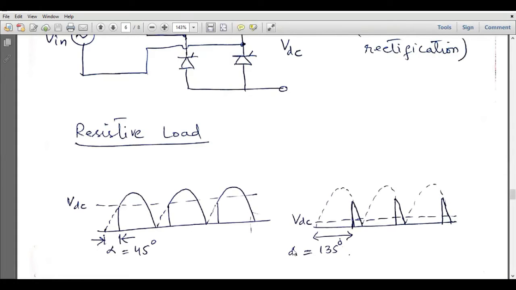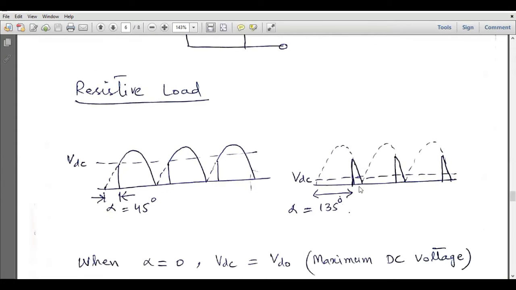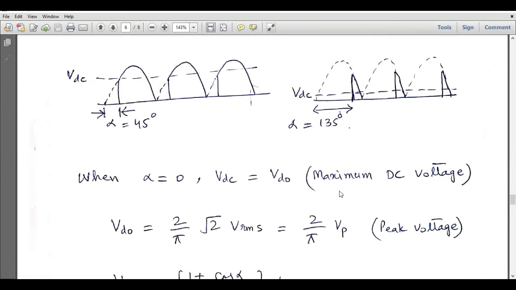Similarly, if we increase the firing angle to 135 degrees, then up to 135 degrees, our output will be equal to 0, and the rectifier will be conducting only for this short interval, which is 45 degrees. So in this way, we can control the average value of the output, and in this case, the average value VDC is very high, and in this case the average value VDC is very low because the firing angle is very high and the conduction angle is very low.